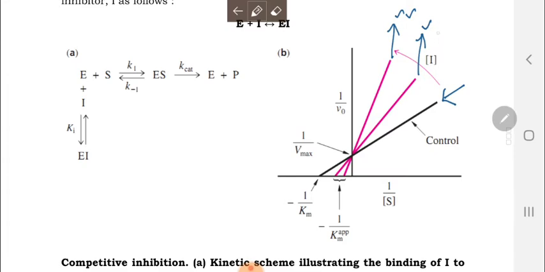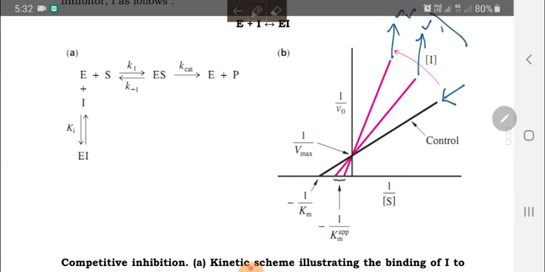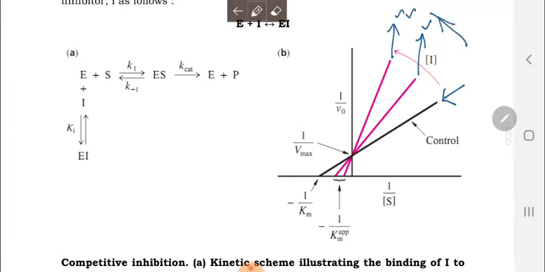If the inhibitor concentration increases, the straight line goes further up. The slope is changing, but the intercept on the y-axis is constant, while the x-axis intercept is varying.